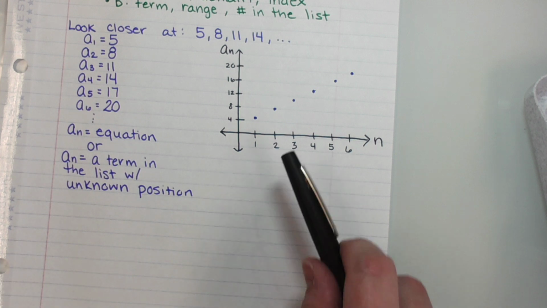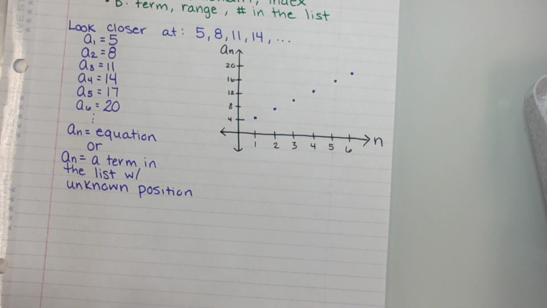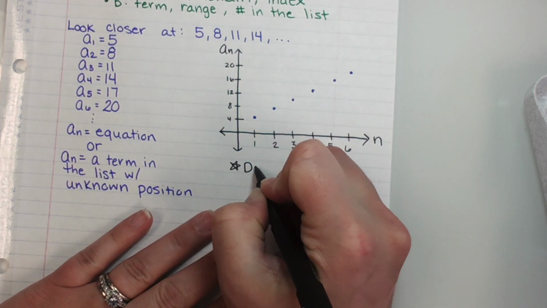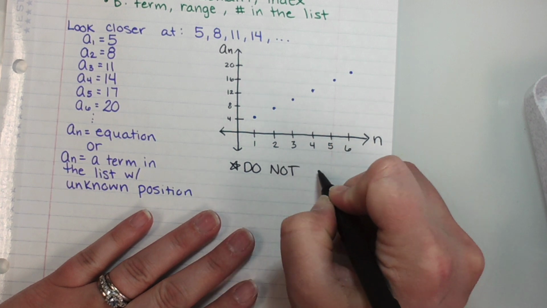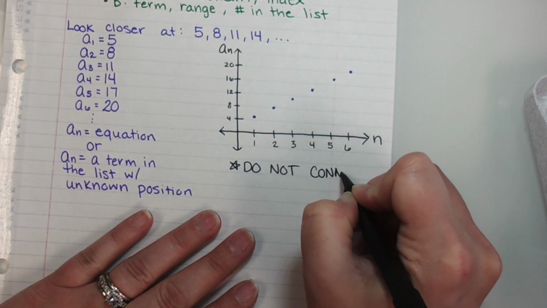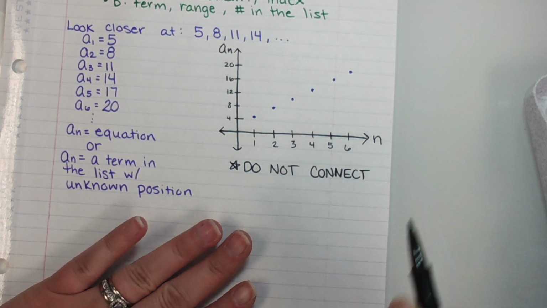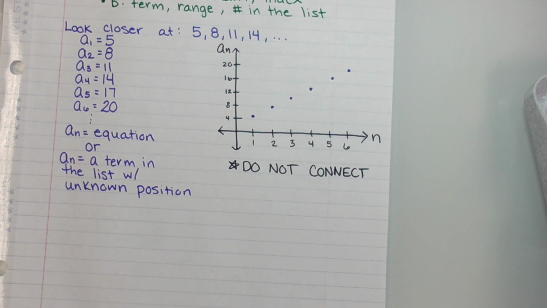This is not an f of x. This is a sequence. Do not connect them. If you are connecting the points, then you are saying that in the sequence, this point right here exists.